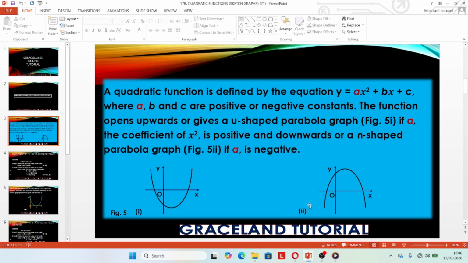And in Roman figure 2, we have an N-shaped parabola graph. That means the a in the function is negative.